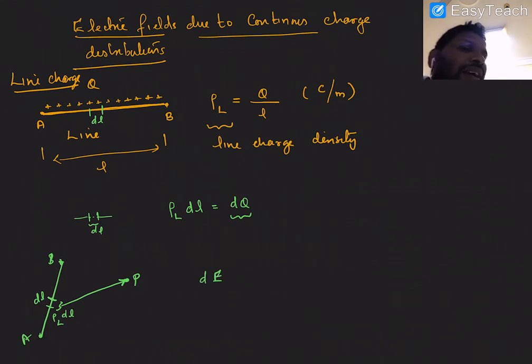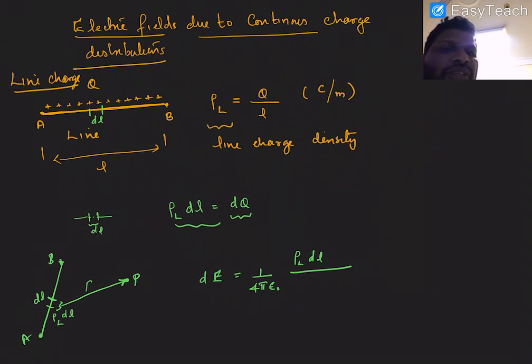This differential electric field we consider as the small electric field due to this small differential length which has charge. It is given as 1 by 4 pi epsilon 0 into the differential charge, rho L into dl, divided by r square, where r is the distance, into ar, the unit vector pointing in this direction.